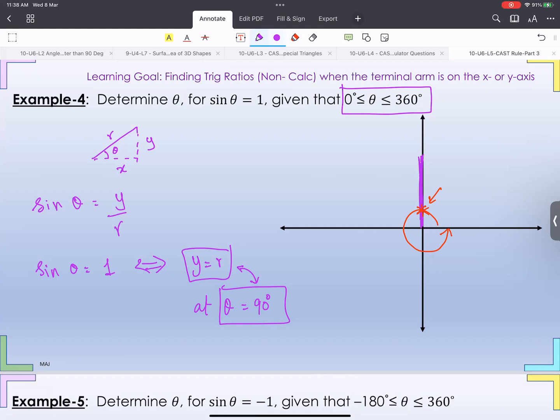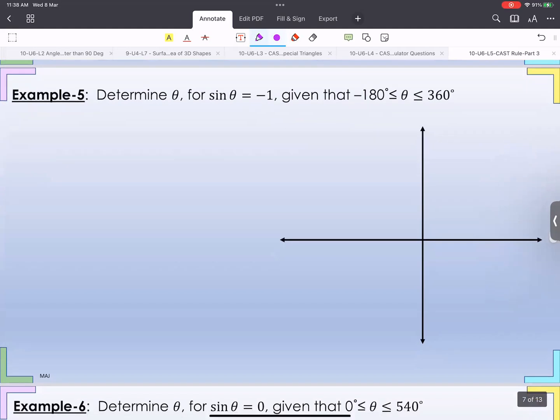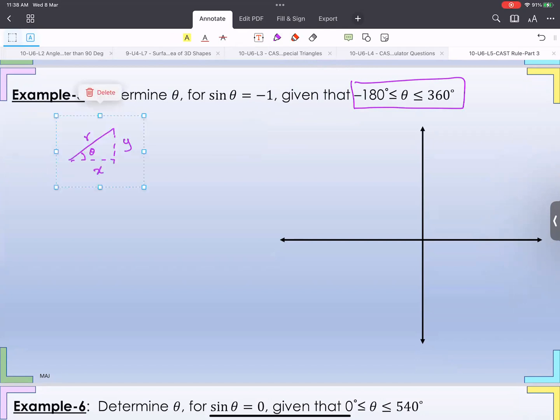Let's do another question. Determine theta for sine theta is -1, given that the domain is from -180 to 360. So again, we're going to fall back on our basic definition of x, y and r. Because it says sine theta is -1, that's why I'm writing the ratio for sine theta.